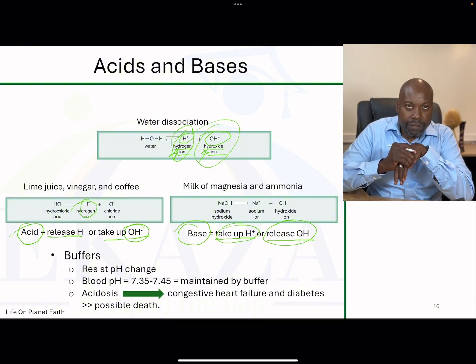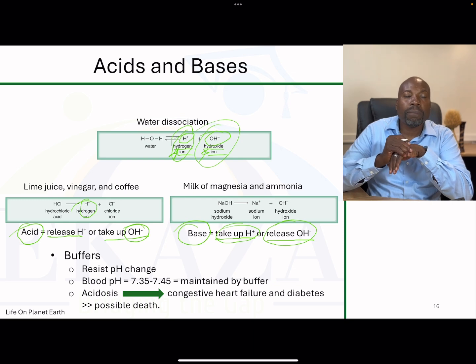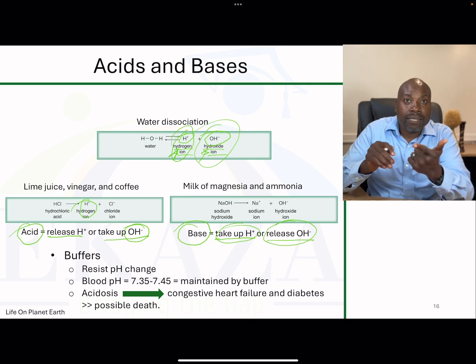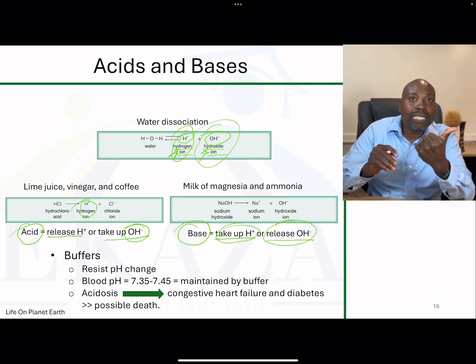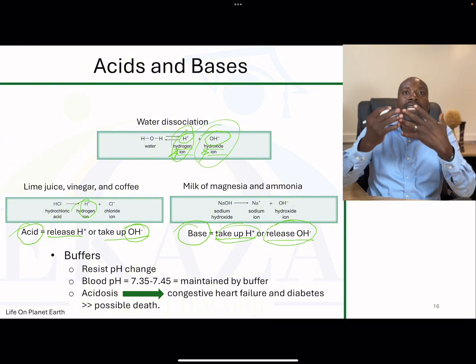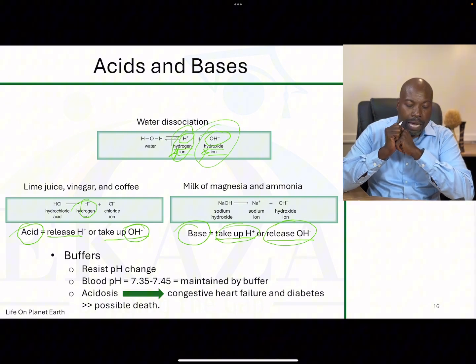It's a base, right? So we have some chemicals that are acids, others are bases. Acids are going to release hydrogen ions, while bases are going to take up hydrogen ions, okay?